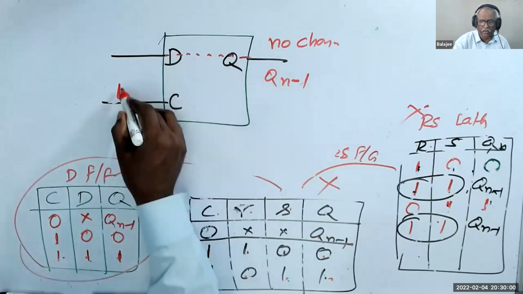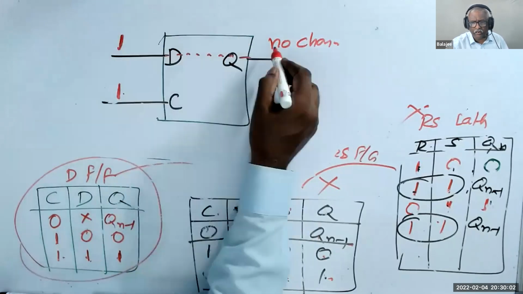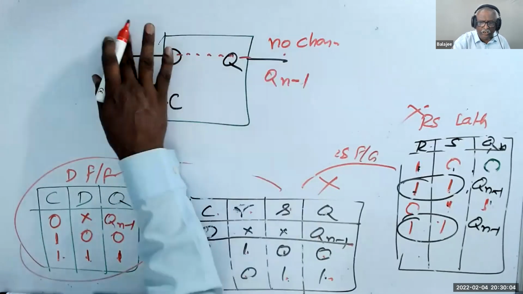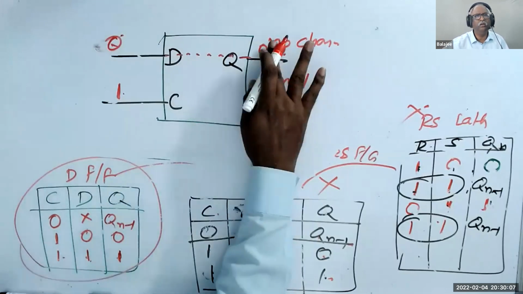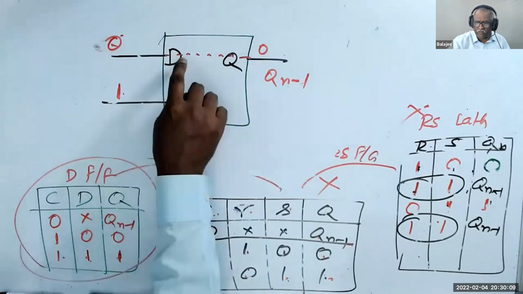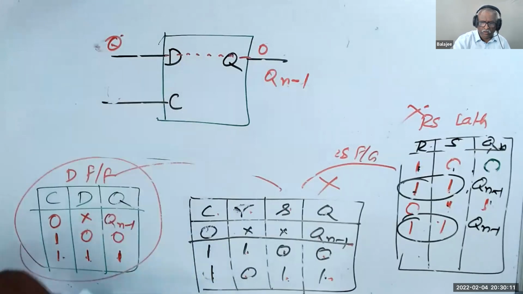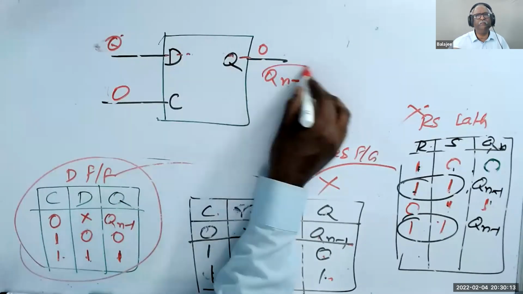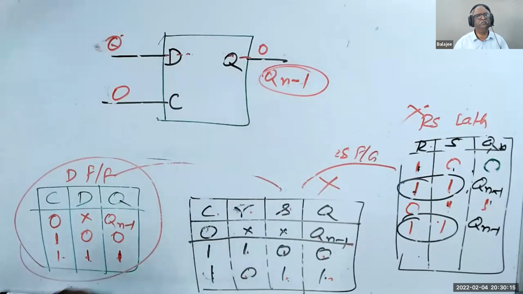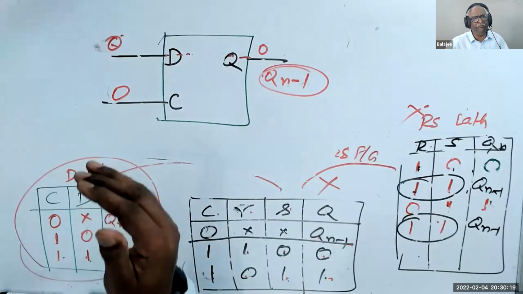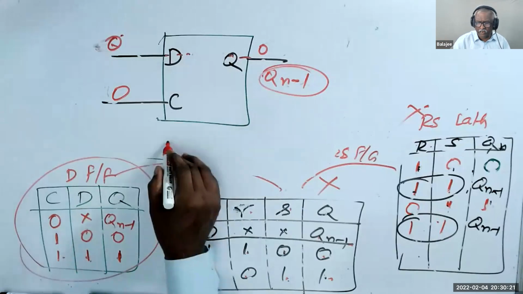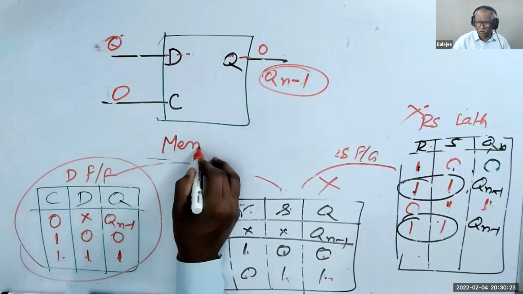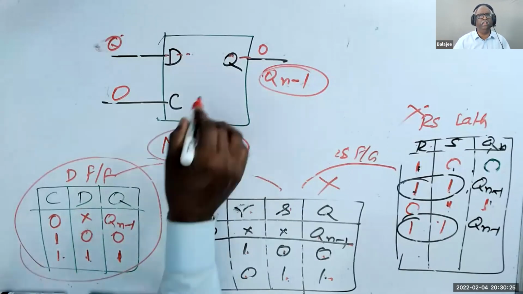When C is 1, if this is 1, this will go here. If it is 0, 0 will go here. When 1 means connected, when 0 means no connection, the previous value remains. That remembers. We are using this to build the entire memory. All your memories are built using only D flip-flop.